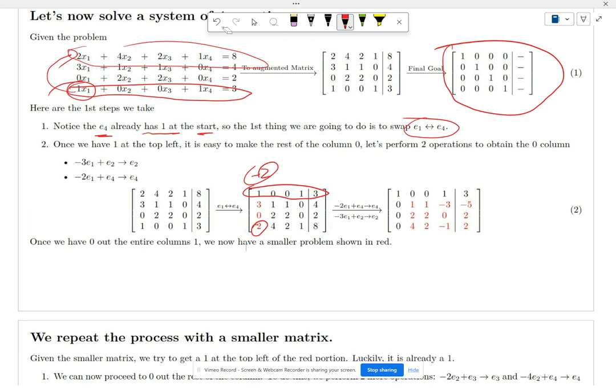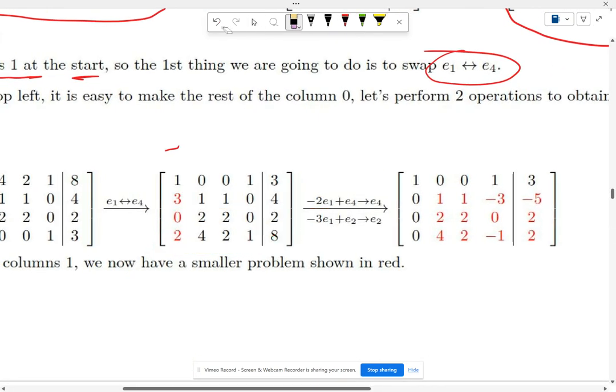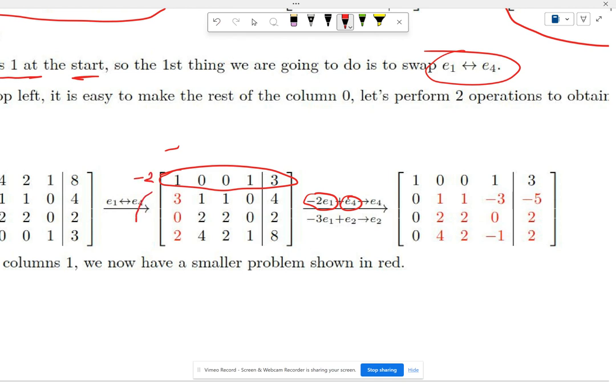So that's exactly what I'm going to do. I'm going to take the first row, multiply by -2 for this, and multiply by -3 for this one, and add them together. I'm going to take -2 here and add it to this one, and that's going to be the new E4.